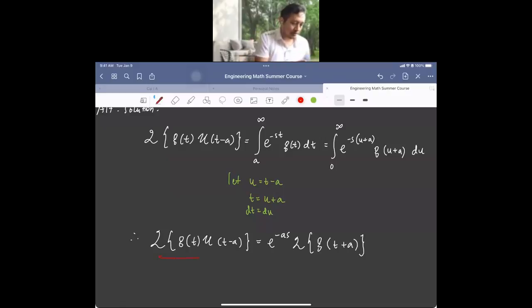So we can write an alternative Laplace form with this Laplace.